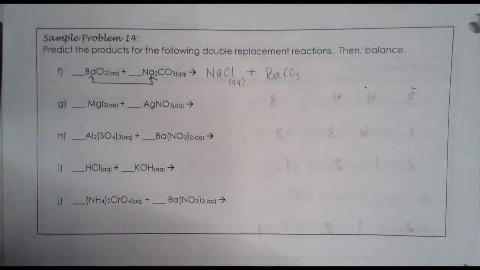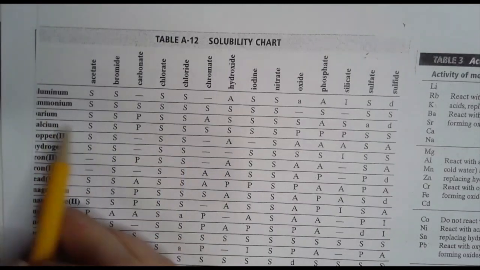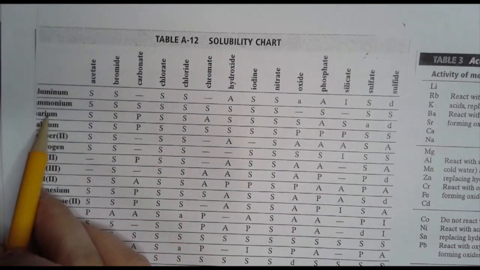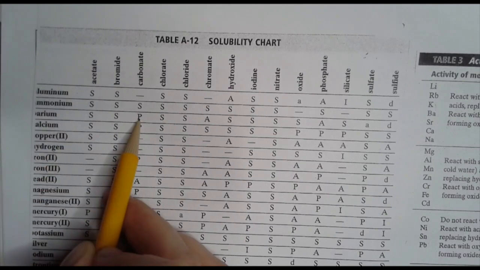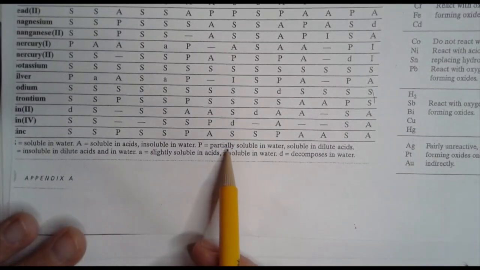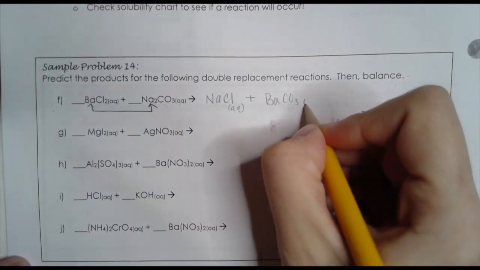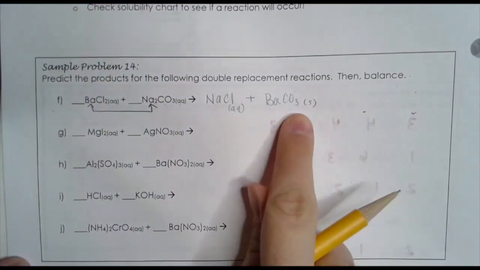Let's check barium carbonate. Here's barium and here's carbonate, and notice there is a P. P at the bottom says partially soluble in water. So that means some of it's going to dissolve, which means that we will see that there is in fact a solid precipitate that's formed.